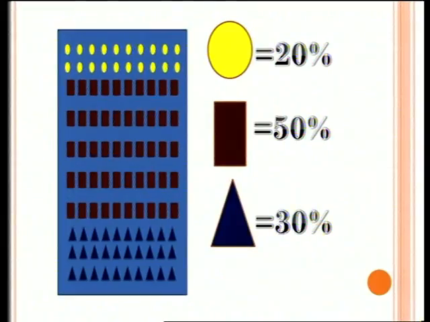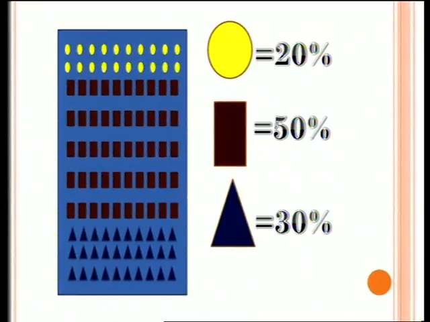As shown in the next slide, we can see there are 100 biscuits in a box, out of which 20 biscuits are circular in shape, 50 biscuits are rectangular in shape, however 30 biscuits are triangular in shape.